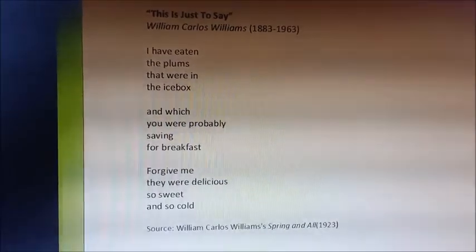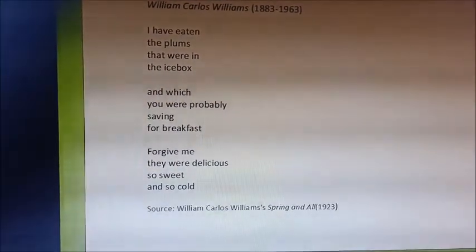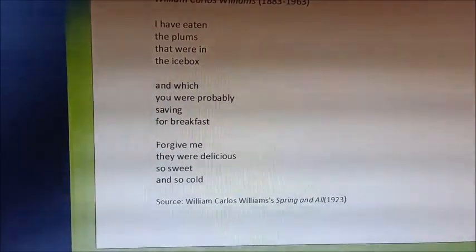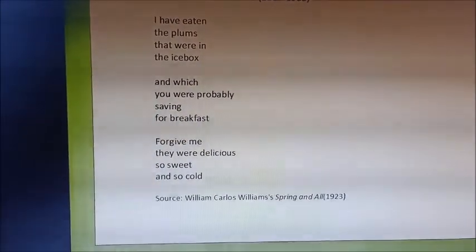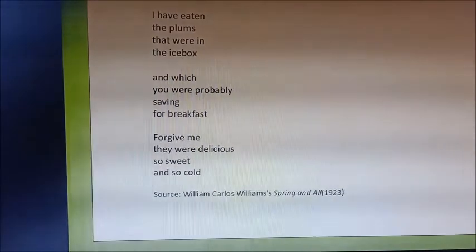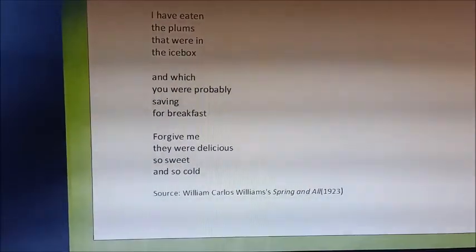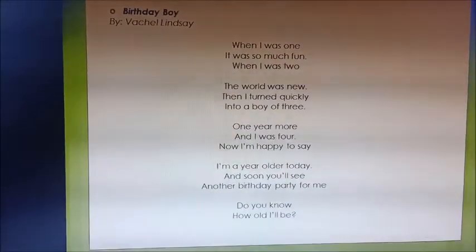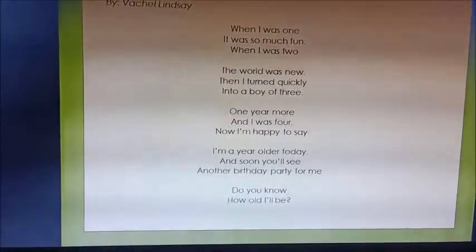Are you able to understand what this poem is about? Can you analyze the meaning? Or is there any figurative language in it? This is another example of poetry.